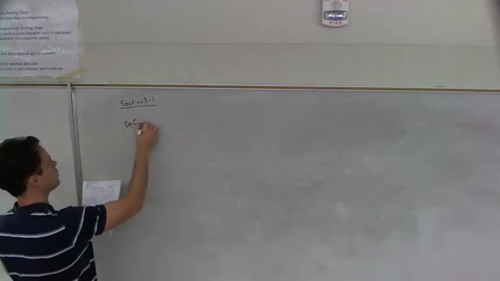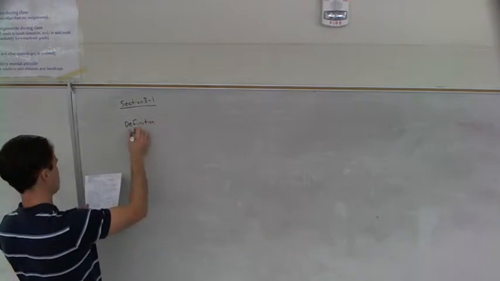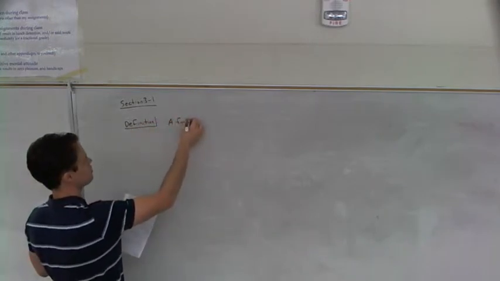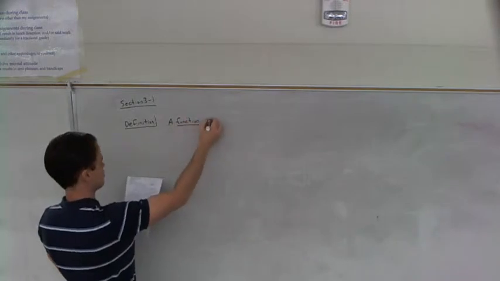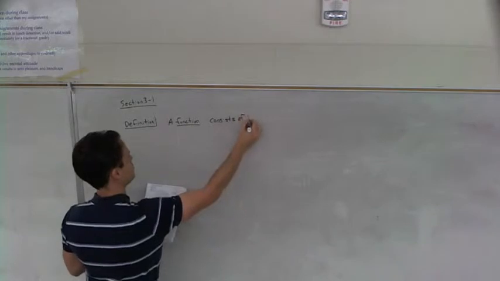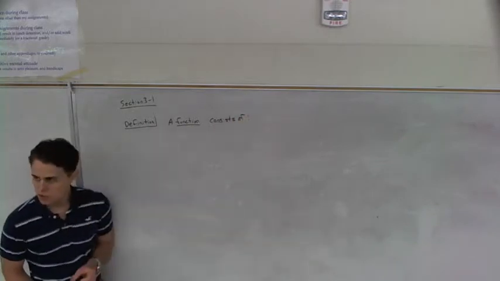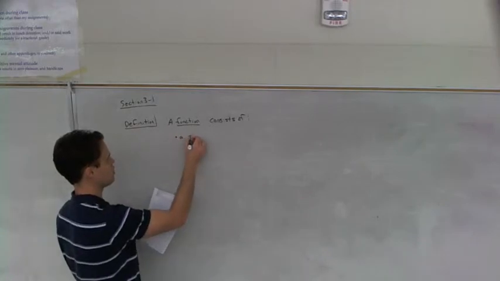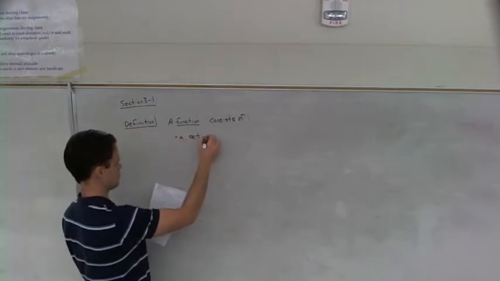And just how to look at functions, how to work with them. So let's redefine what a function is. A function consists of several things. It's got a set of inputs and a set of outputs.